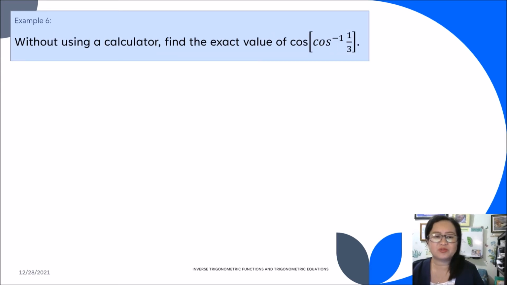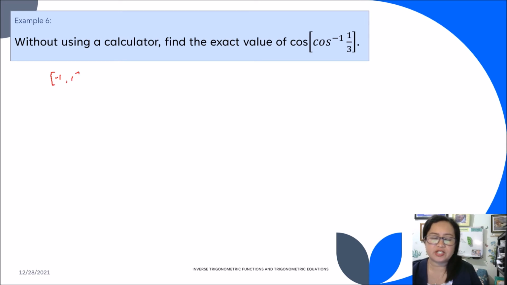Let's have example number 6. Without using a calculator, find the exact value of cosine of the inverse cosine of 1/3. Now, to start our solution, we have to determine whether 1/3 is within the interval -1 to +1.